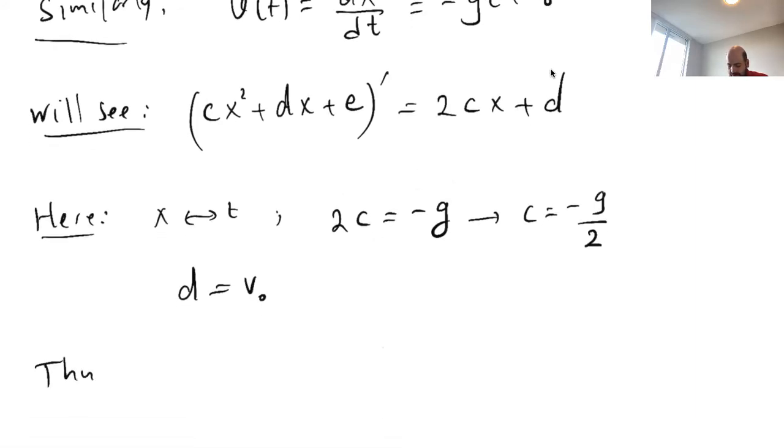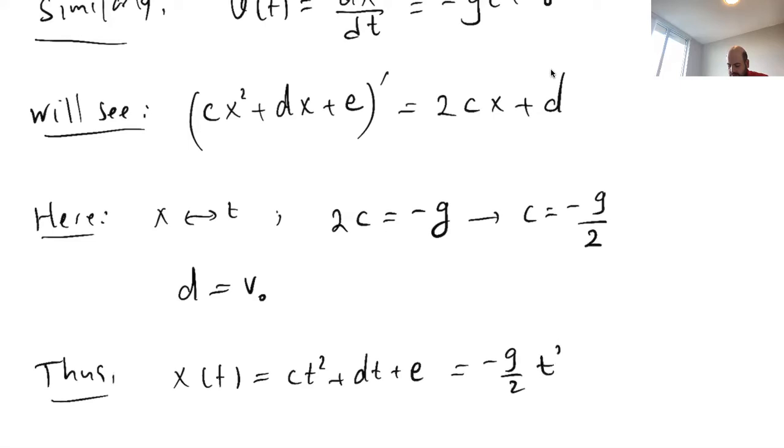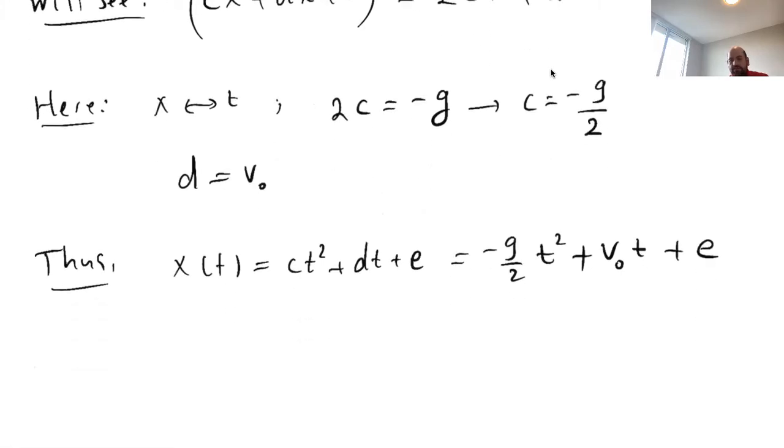Thus, the equation will be x of t equals ct squared plus dt plus e. Now, c is minus g over 2, so minus g over 2 t squared plus v0t plus e. Now, how can I find the e?